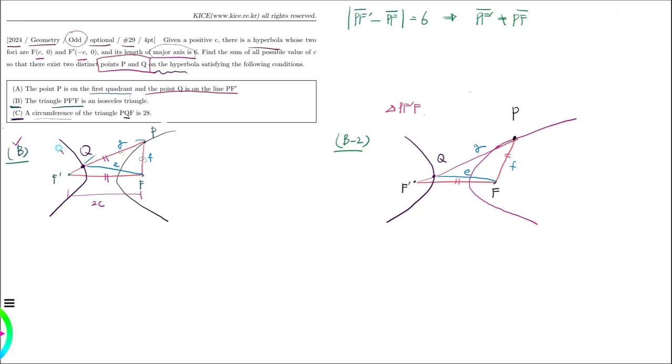So the length from F prime to P should be 2 times C. So this length should be 2C minus G. And all the time we have for the triangle PQF, the perimeter is E plus F plus G.